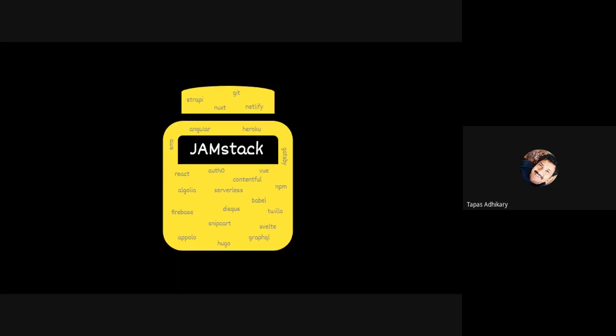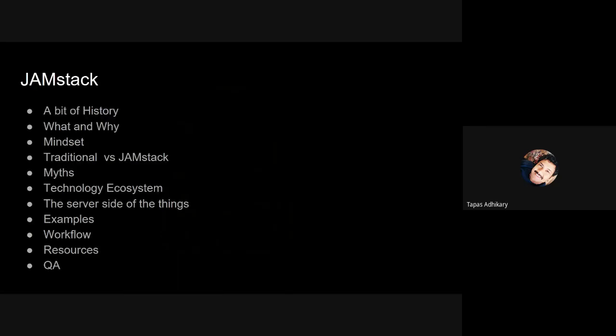Thank you. So the agenda is a bit lengthy. We'll get started with a bit of history, and then we'll discuss what and why Jamstack. I feel there is a requirement of some sort of mindset before we jump into a Jamstack implementation. Then the difference between traditional versus Jamstack and where and how they are different. We'll also talk about a few myths around Jamstack.